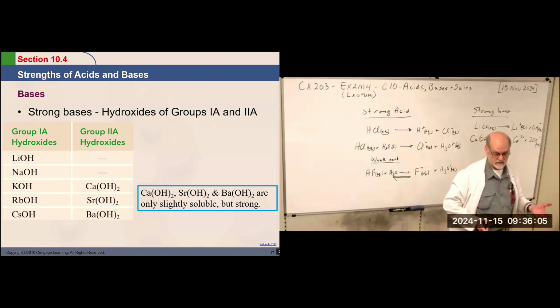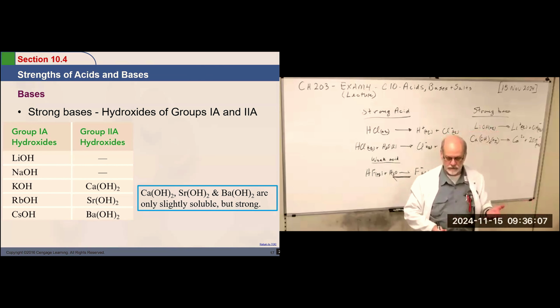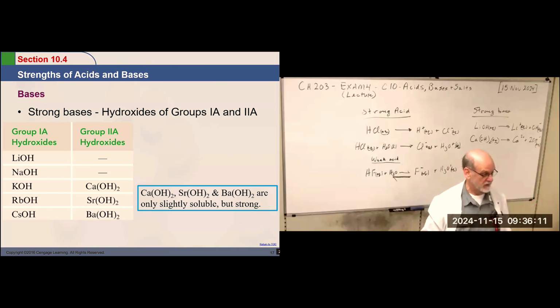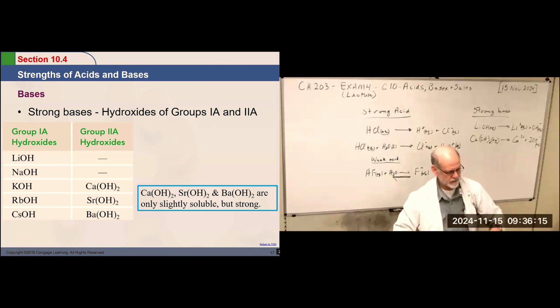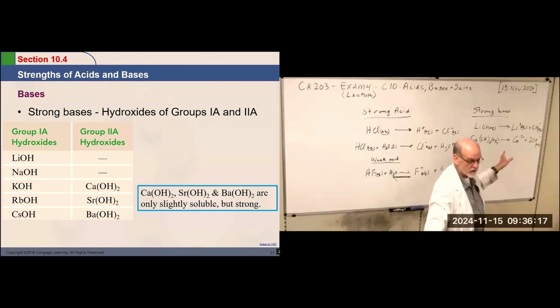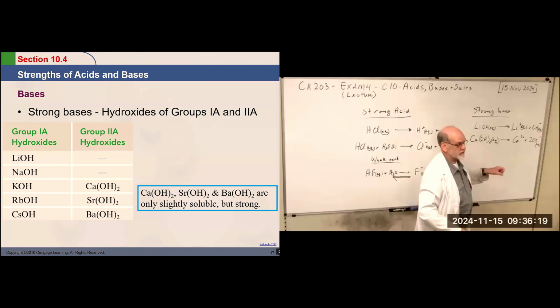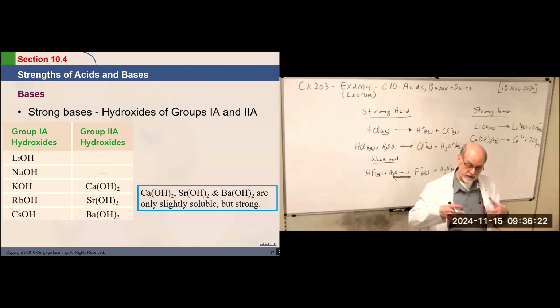They're actually considered insoluble. If you look at the table I gave you in a previous chapter, with the clear boxes and the grayed out boxes, if you look those up, you'll see that they're considered insoluble. But whatever goes into solution completely dissociates. So that makes them strong bases.